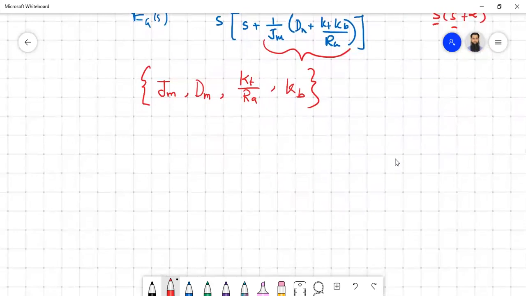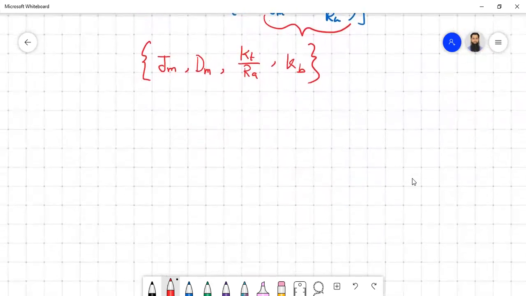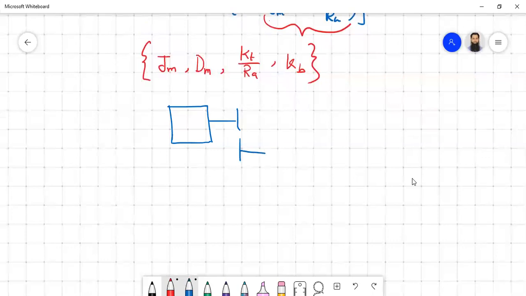So let us do some more derivation. How can we actually figure out these parameters? How are Jm and Dm calculated for a motor? The motor most likely can have a rotor and a gear attached to it.